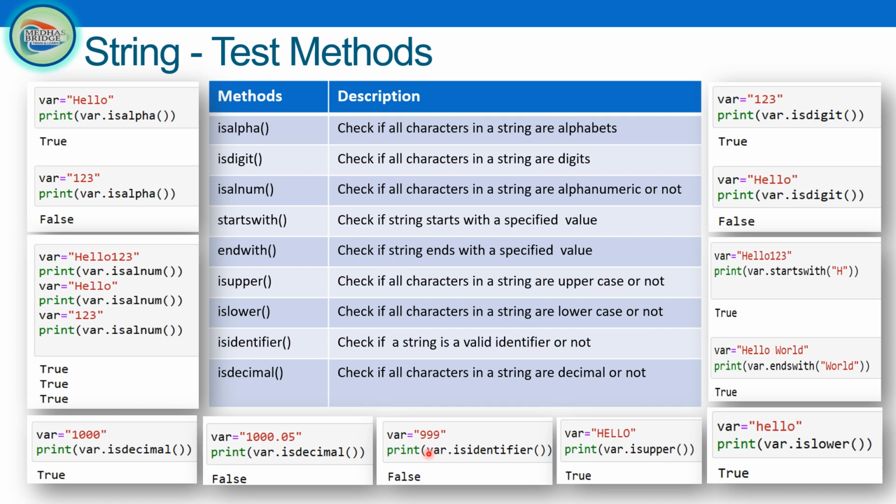So this is not valid, so it returns false. isdecimal checks if all characters in a string are decimal or not. Here the string is valid, so all characters are decimal, so it returns true. Here there is a special character, so it returns false.